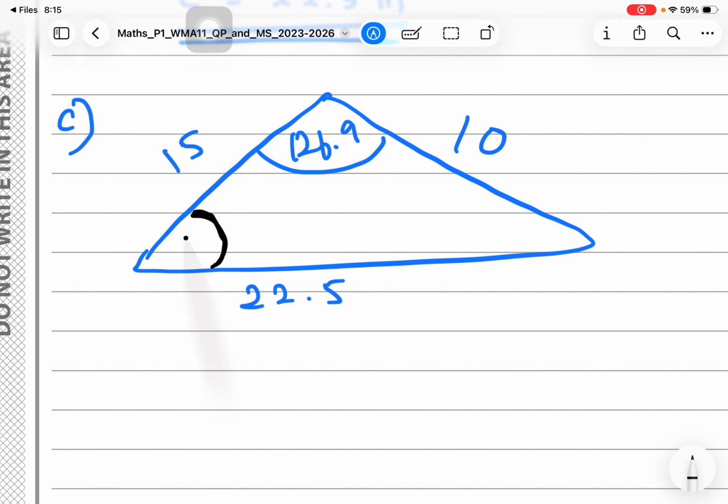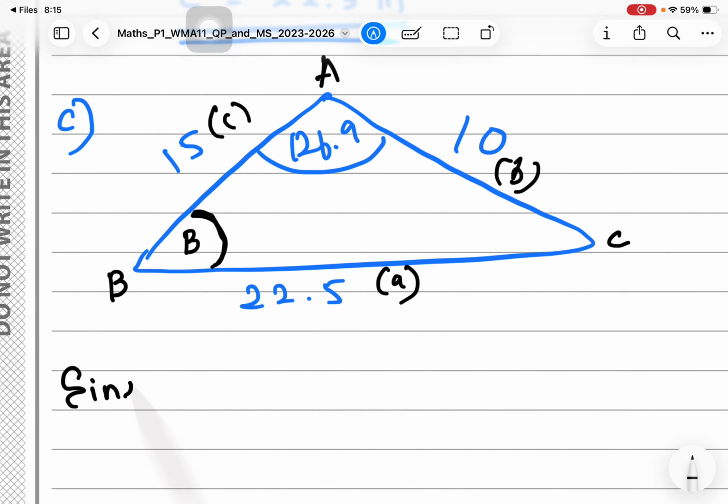I'm naming the sides accordingly, and we can apply the sine rule.